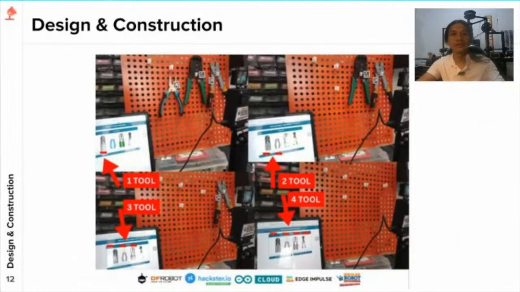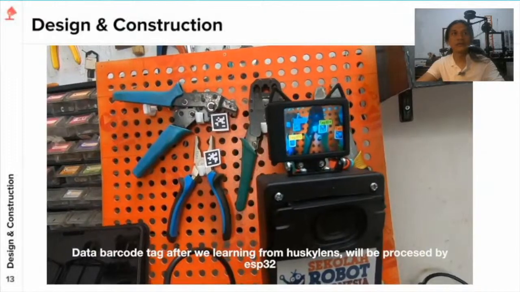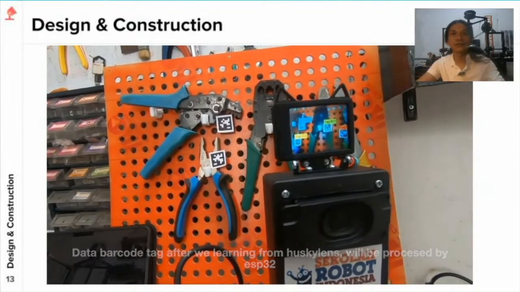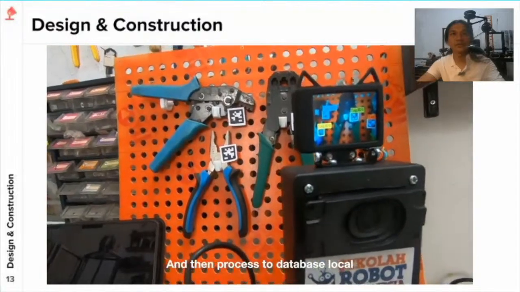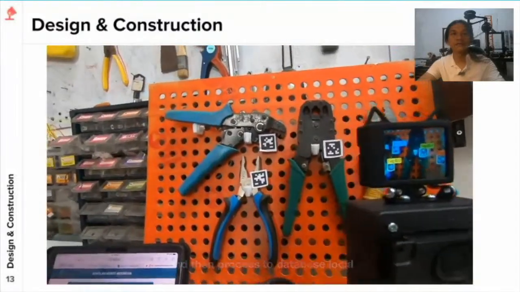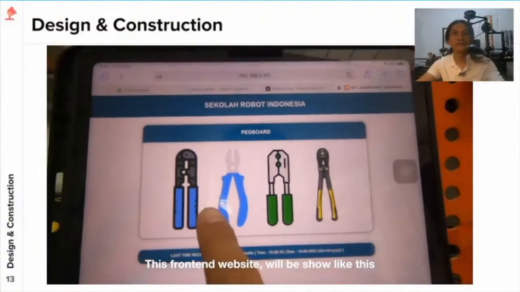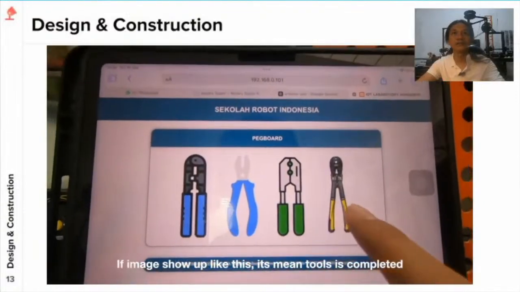Okay, and this is the video of my project. The barcode tag data, after being learned by HuskyLens, will be processed by the ESP32 and sent to the local database. So like this, the front-end website will be shown like this.